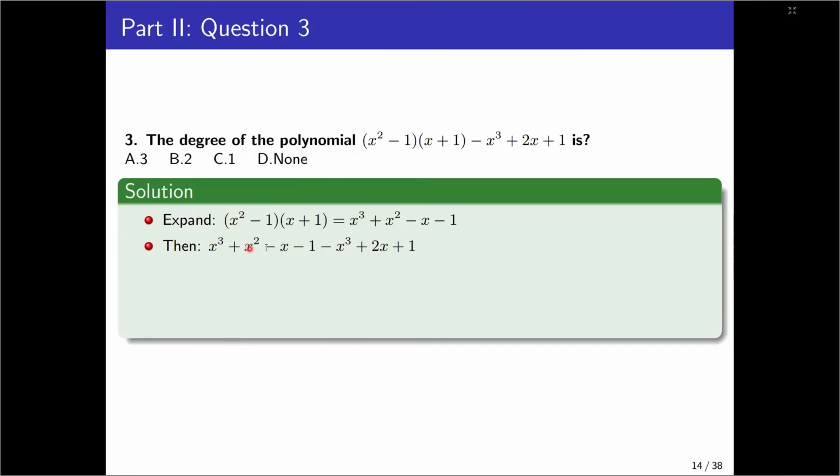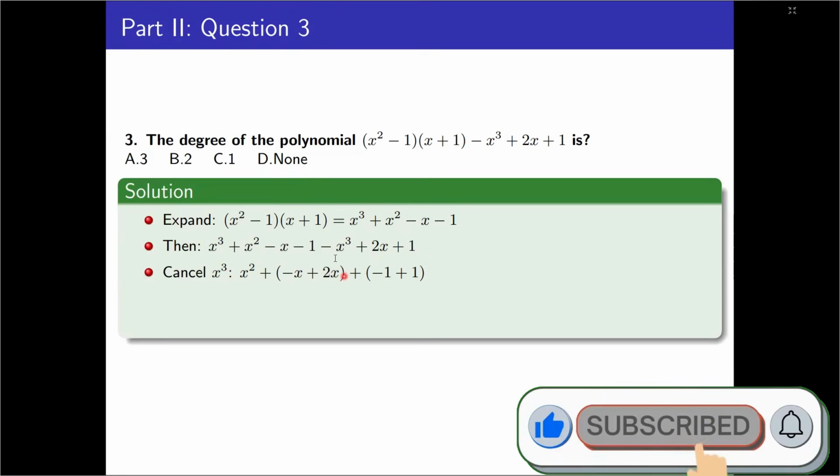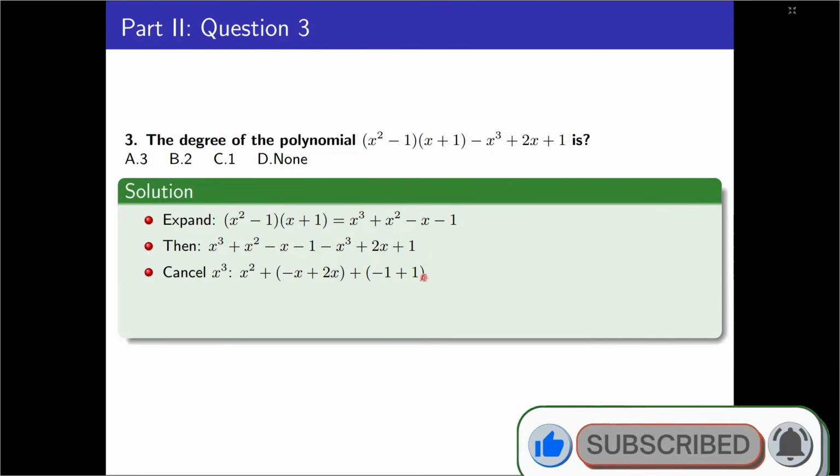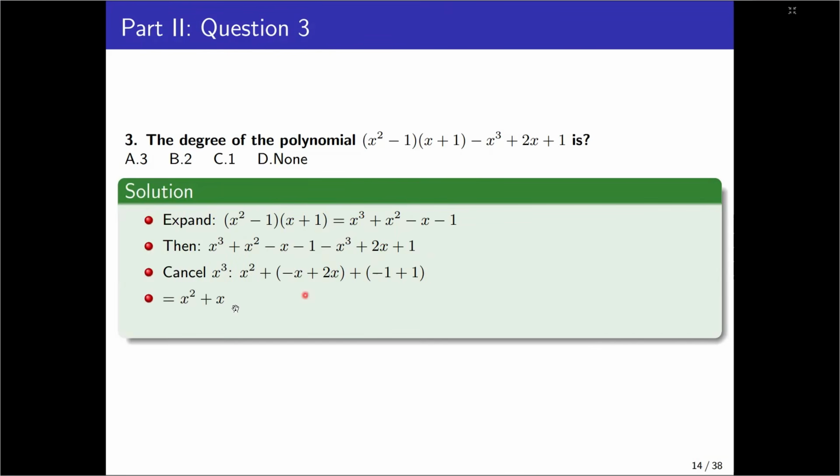Then x cubed plus 3x squared minus x minus 3, minus the given x cubed plus 2x plus 1. The x cubed terms cancel, so what's left is x squared and minus x plus 2x. Collecting like terms, minus 1 plus 1 is 0, and minus x plus 2x is x.